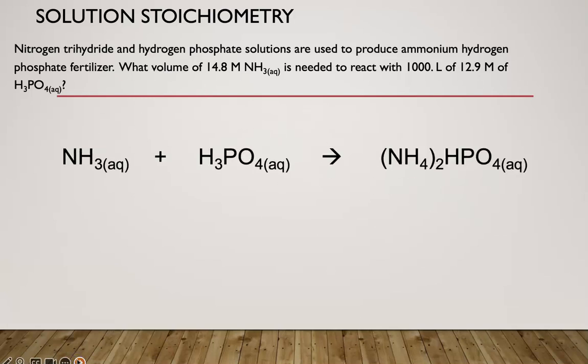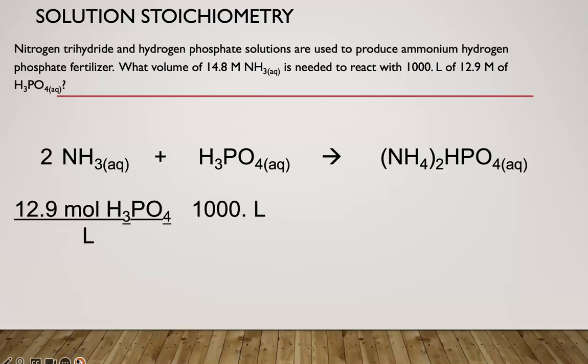All right, so how did we do? Hopefully you first wrote that equation and made sure it was balanced. And then, of course, you started with your moles of the chemical that you know of. Use your mole ratio from your equation.